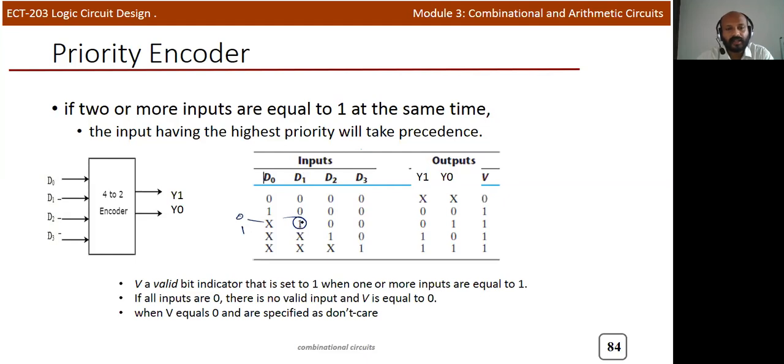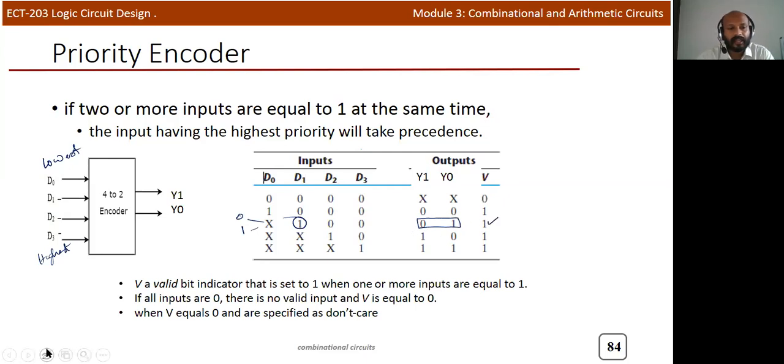If D1 is 1, we will not consider D0, because the priority level of D0 is the lowest priority, and D3 is the highest priority. If the higher priority line is 1, then we will not consider the lower priority lines, that is D0. So D0 can be 0 or 1, and we will not consider that. If D1 is equal to 1, we will get an output corresponding to D1, so that is 0 1.